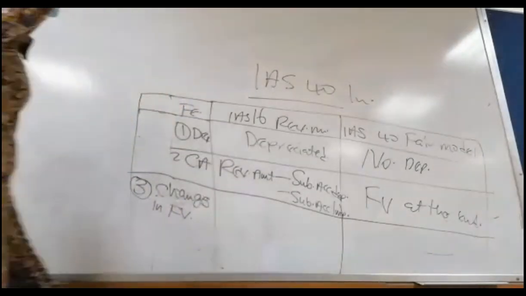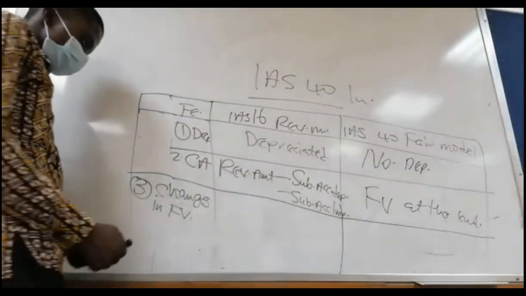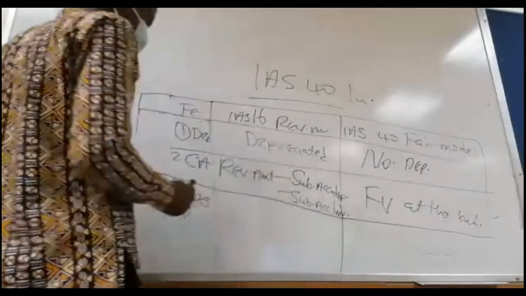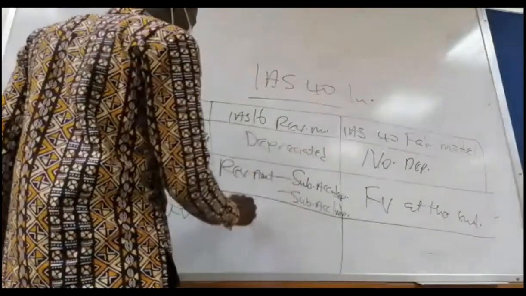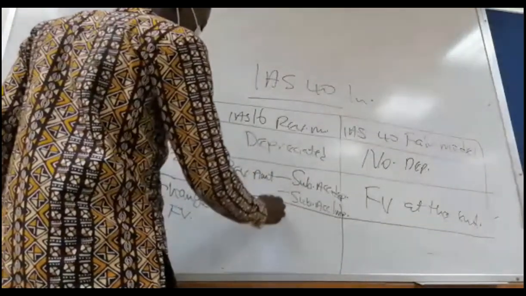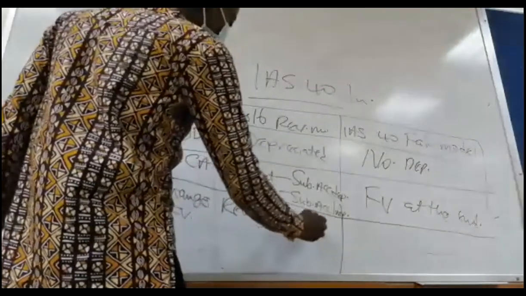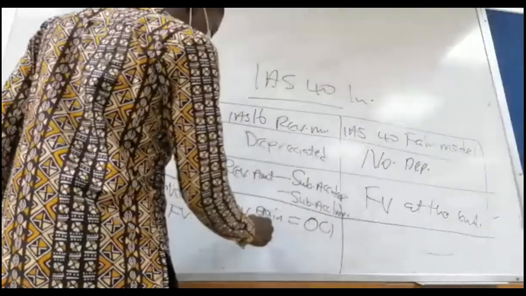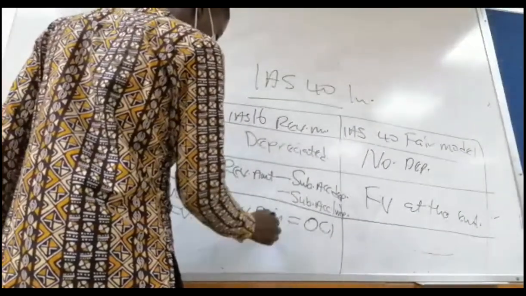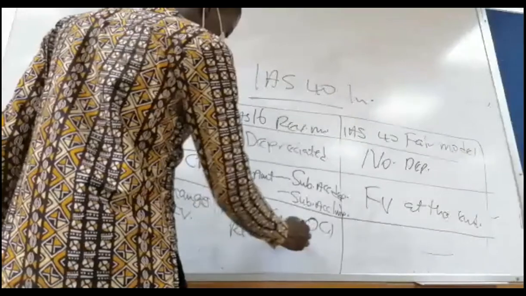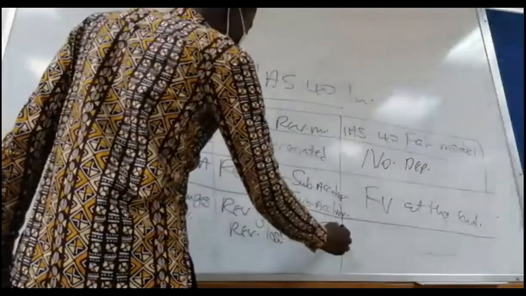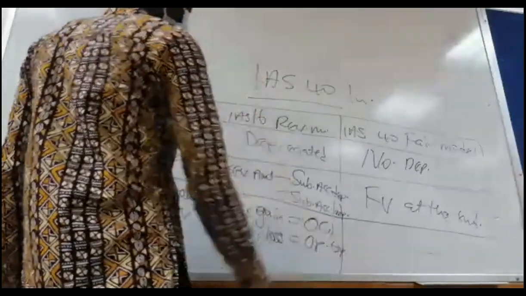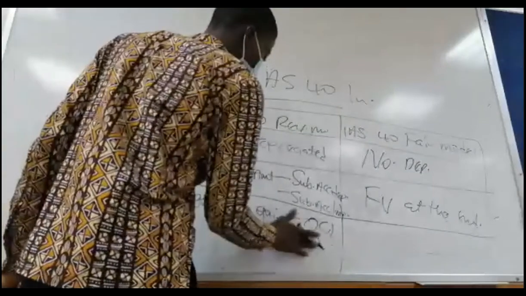So first, under IAS 16, revaluation gain is reported in where? It goes to OCI. What about revaluation loss? Operating expenses in the P&L, or in short P&L.